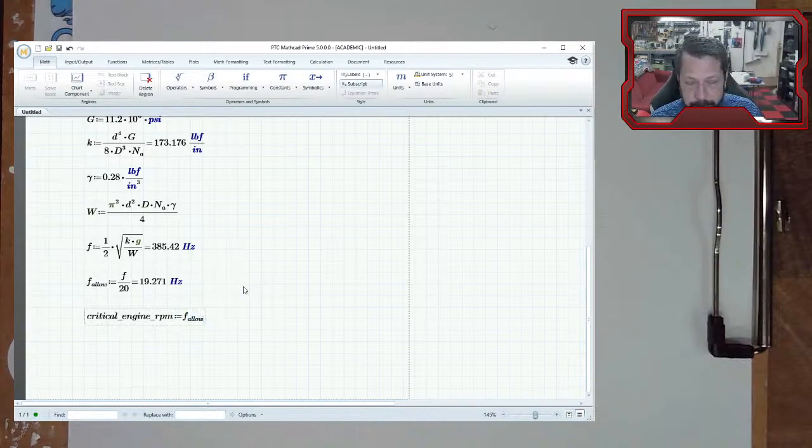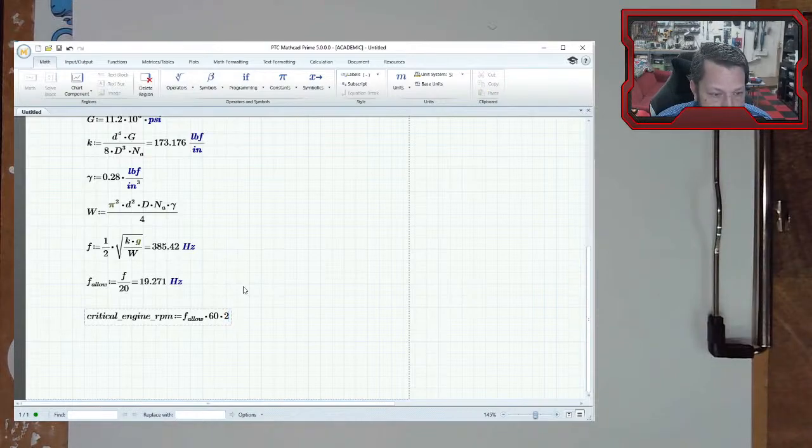So there's our allowable frequency, and it's in hertz. So RPM is revolutions per minute. So let's multiply times 60. And then we're going to need the fact that the engine rotates twice for each one of these camshaft rotations. So times 2.